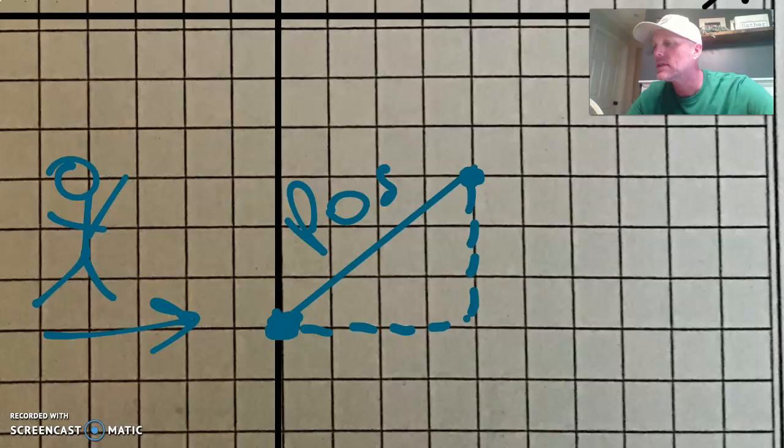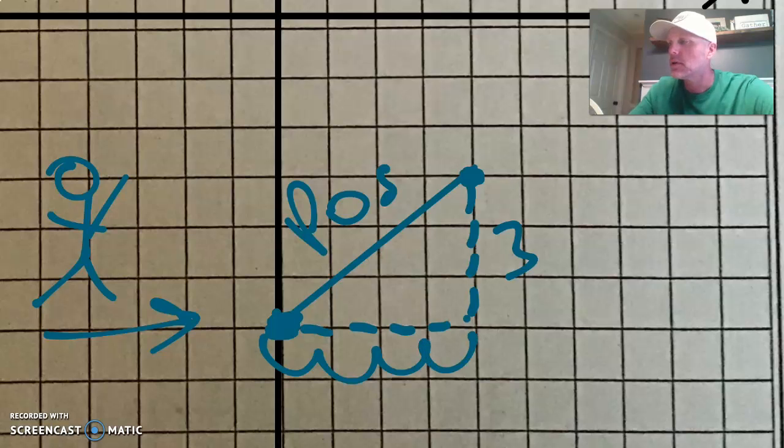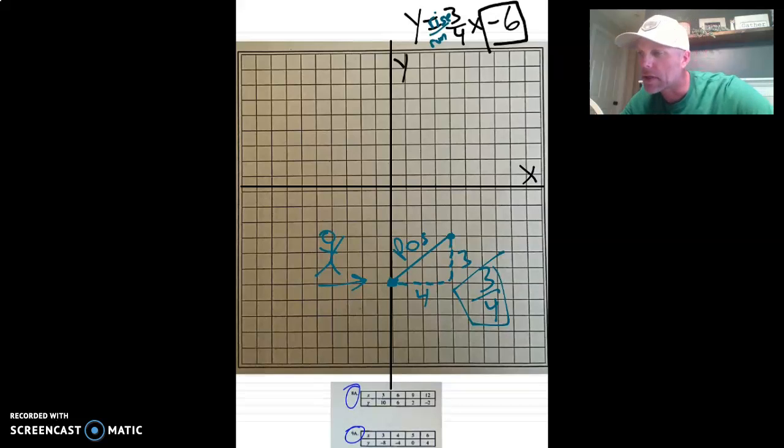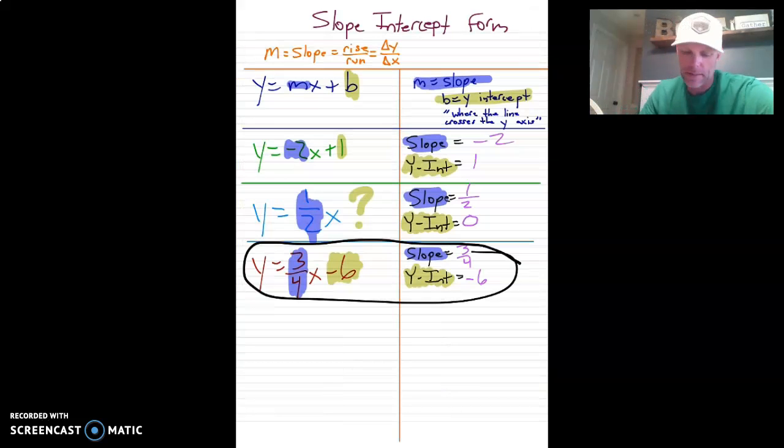How tall is it? 1, 2, 3. How long is it? 1, 2, 3, 4. So it is a positive 3 over 4 is the slope. And look there, it's the same as the equation. All right, so that is slope intercept form.